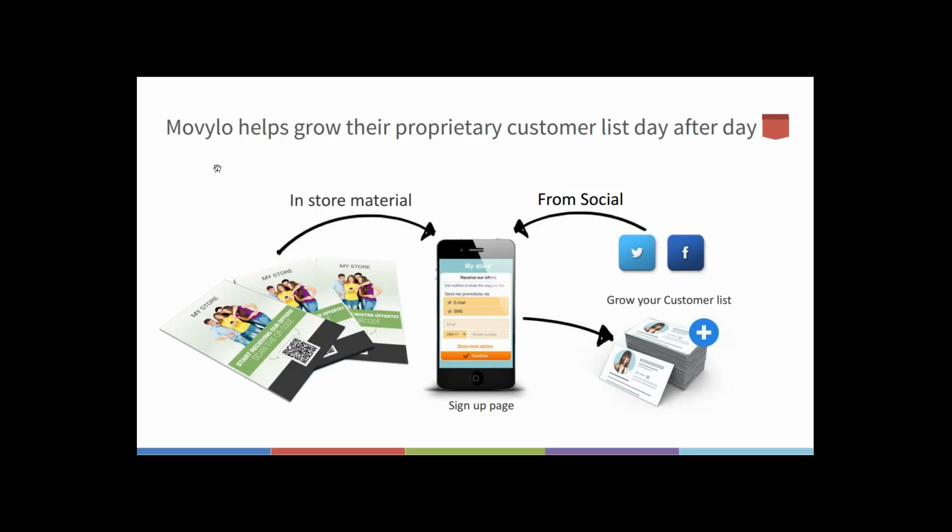So Movulo will help you turn Facebook likes into opted-in customers. You can tell the system to do that and then forget about it, and the system works for you by posting on your Facebook page every day or every week, depending on your settings, helping you convert likes into real customers.